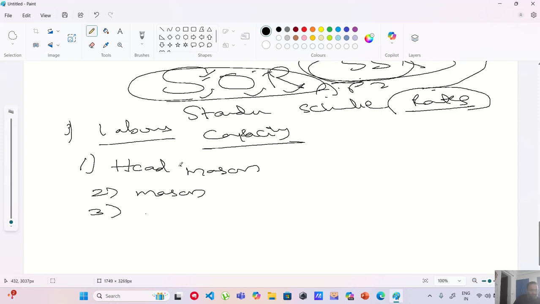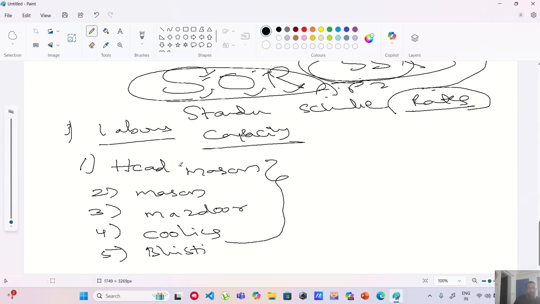Third one is Mazdoors. And the fourth one is coolies, daily coolies, you can call it. And the last one is Bisti. These are the different types of labors available in India.